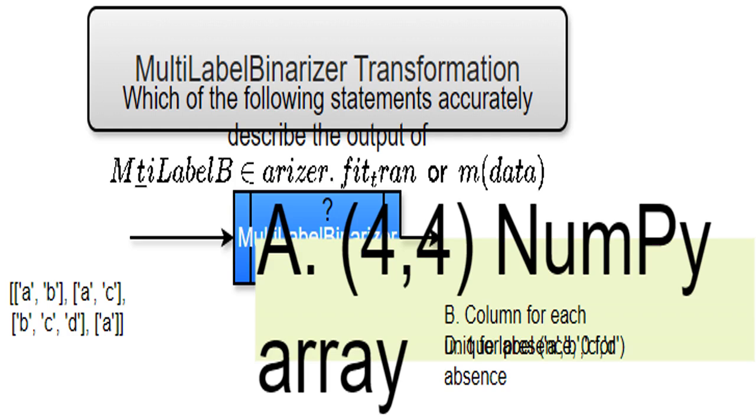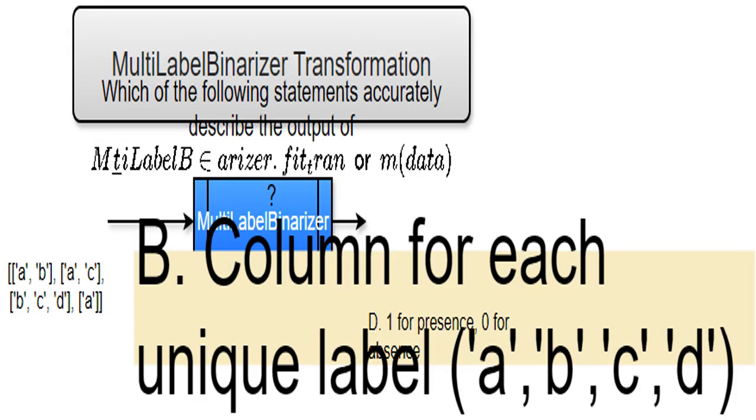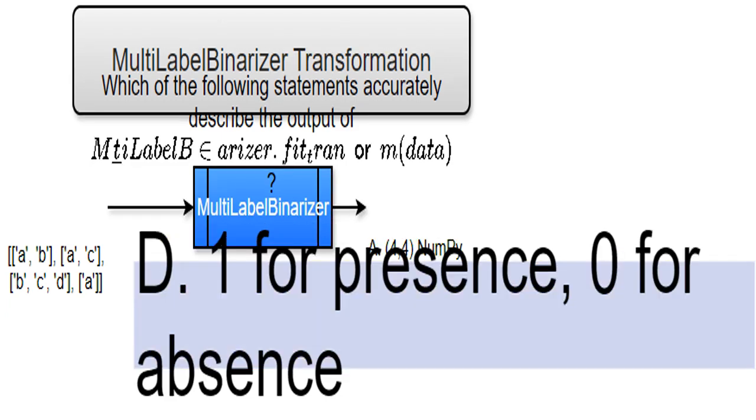It's efficient. This indicates the output table will have one column for each unique label. In the initial data, that's a column for A, 1 for B, C, and D. This explains how the numbers in the output are interpreted. A 1 signifies the label is present, while a 0 means it's absent.